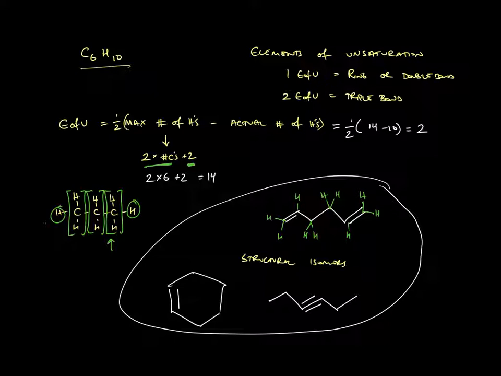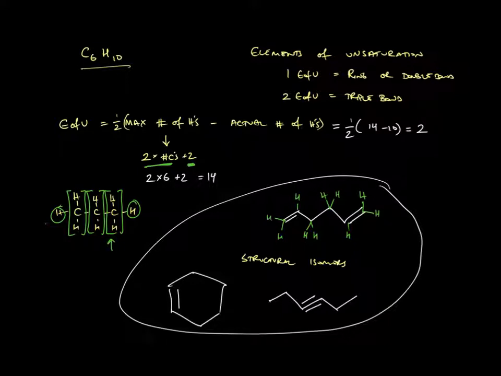This is helpful for two reasons. One is, if you're given a molecular formula and asked to draw a possible molecule, it makes it, I think, easier to do so if you know how to calculate this out. The second thing is, if you have molecules and you're asked for their relationship, you can add up their carbons, their oxygens, their nitrogens, etc., and then just look at the number of elements of unsaturation, which is a substitute thing for adding up their hydrogens.